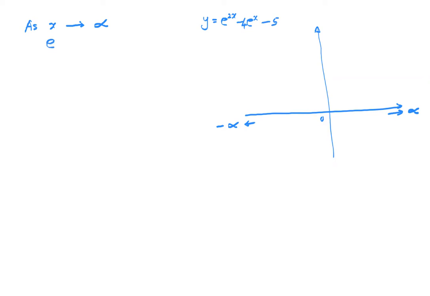E to the power of 2x will tend toward what? Positive. Infinity. How about 4e to the power x? It will also tend toward infinity, correct?